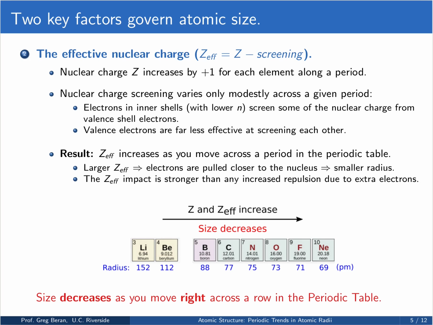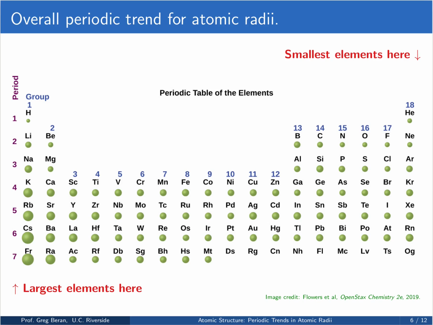Now you might think there's also an increase in the electron-electron repulsion among the valence electrons because we have more and more valence electrons, therefore more repulsion. But that effect is weaker than the impact of the increasing Z effective. So overall, the size decreases as we move right across the periodic table. This figure shows the sizes of the various elements across the periodic table.